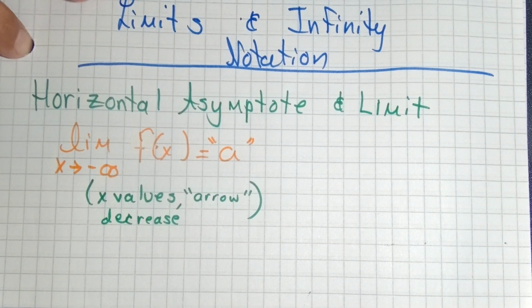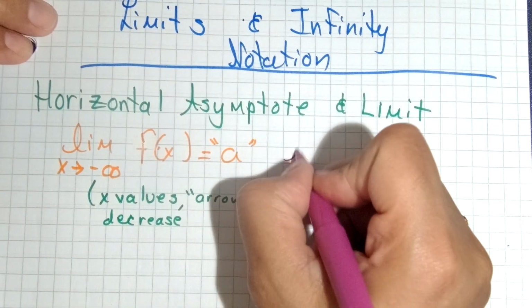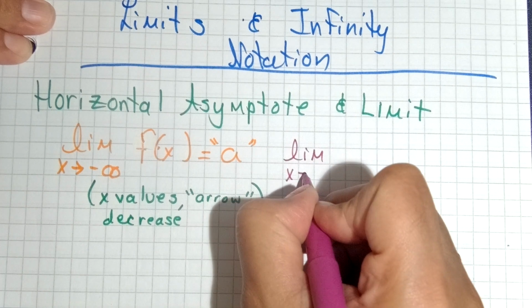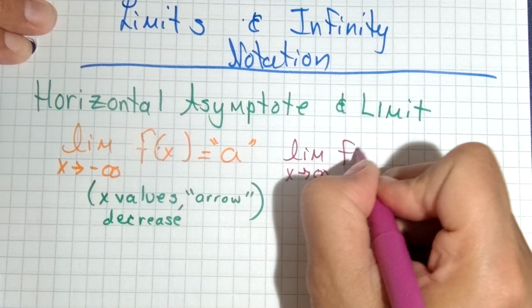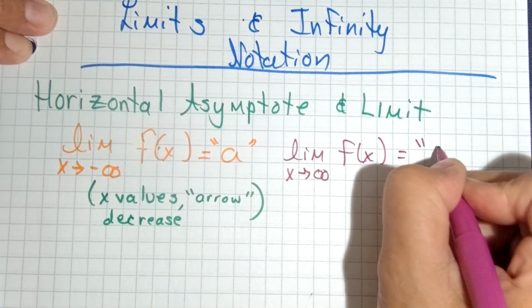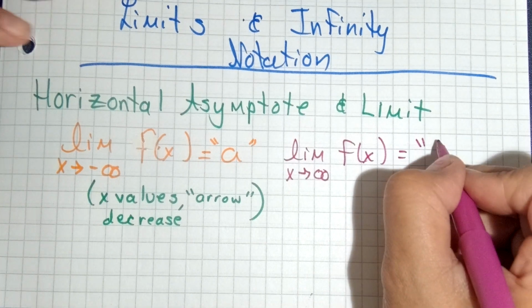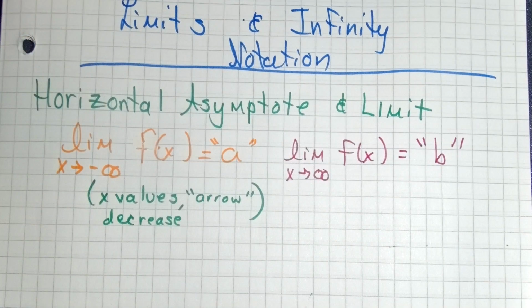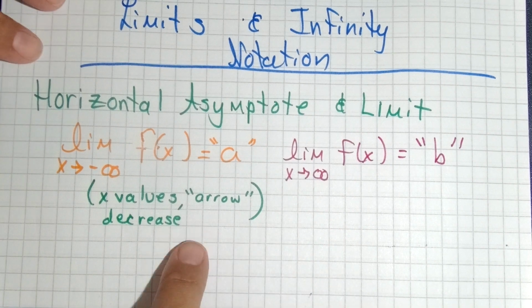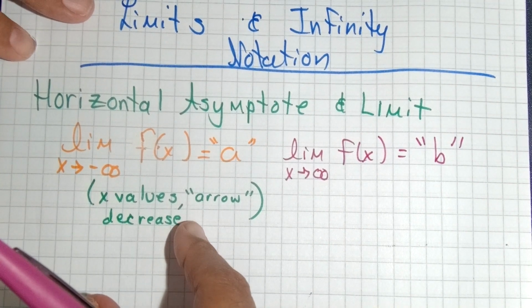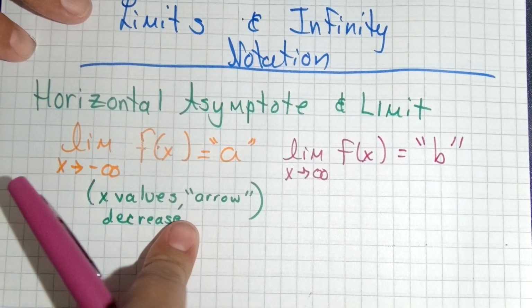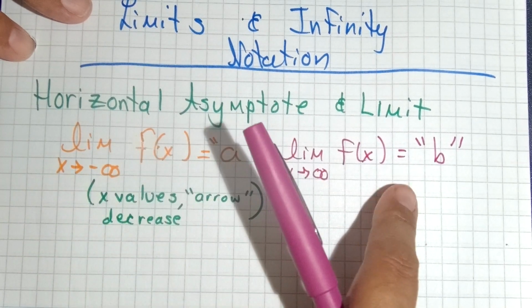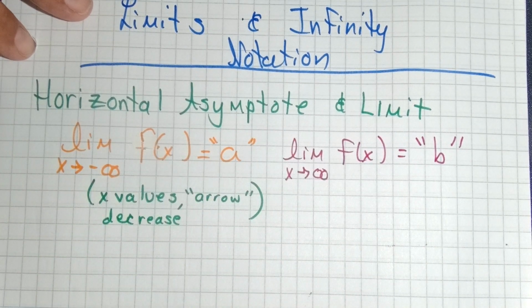The other notation for horizontal asymptote is the positive infinity one. So if this is decreasing, the x values or the arrows decreasing, what are the x values going to do here? Increase.